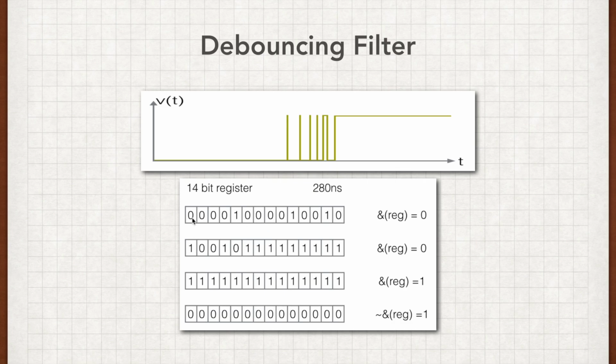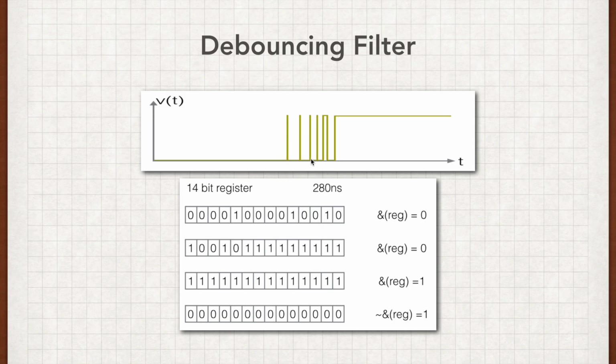So what we do is an AND of this entire register, and this would be a bitwise AND, right? It's going to look at all these and combine them: this and that and that and that. With an AND, you have to have all ones to get a 1. So if there are any zeros in here, it's going to make a 0. If you AND this whole thing together, it's still 0, which is what we're doing.